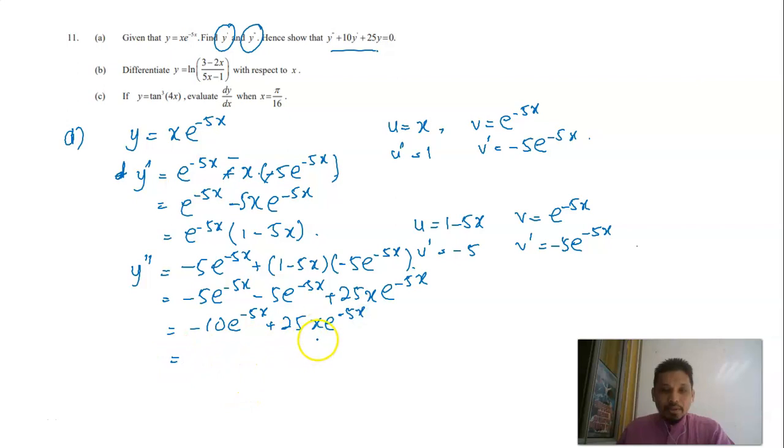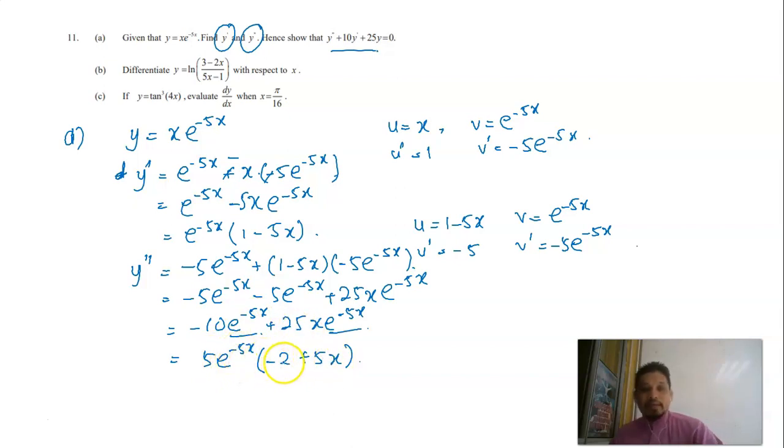So we can factor out 5 e to the power of negative 5x, giving negative 2 plus 5x.